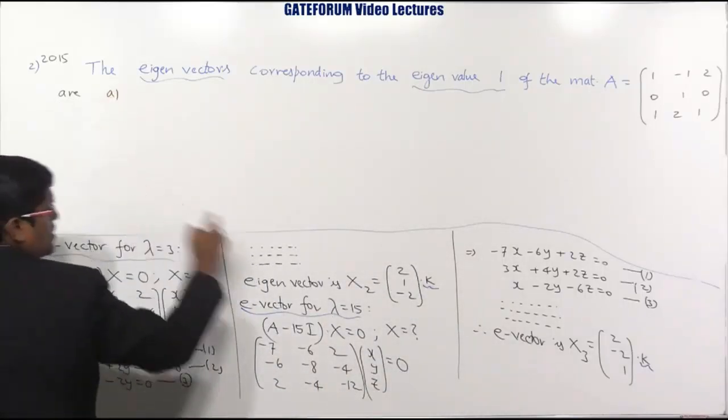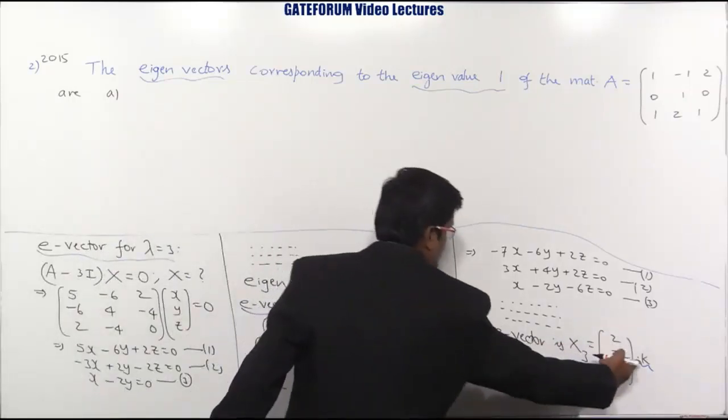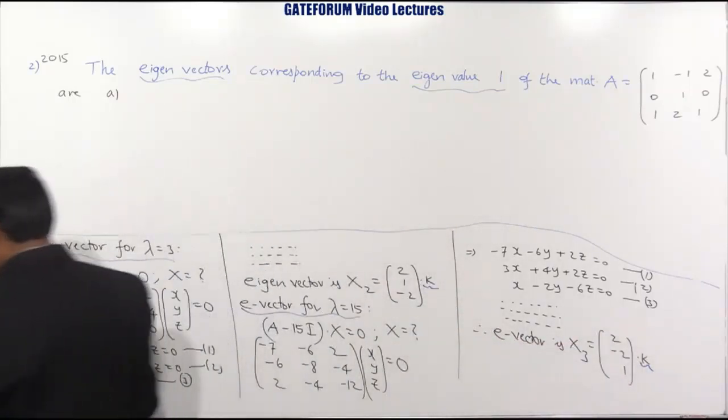So the options are provided in this notation form, either column vector, row vector, outside multiplying by k or some other letter.